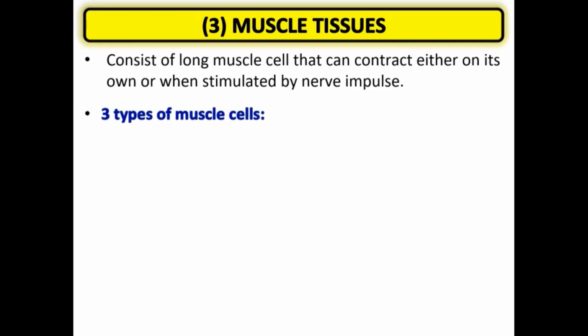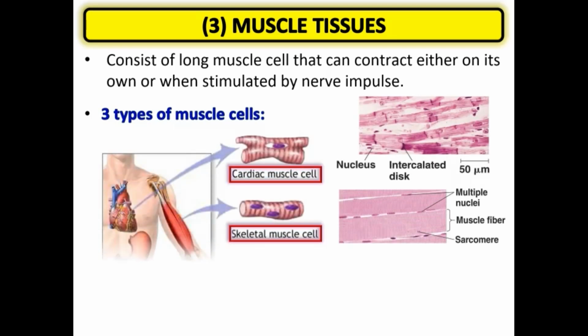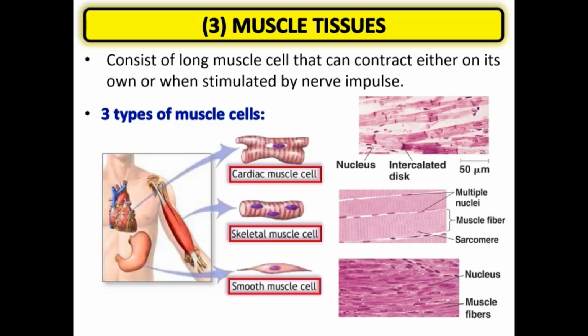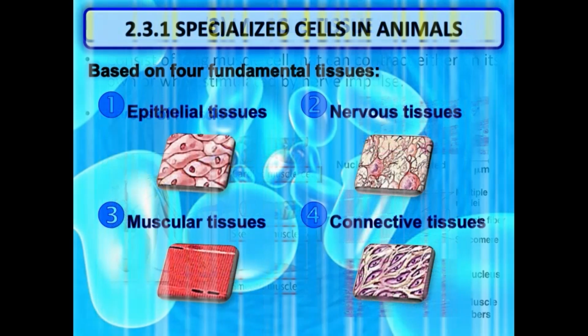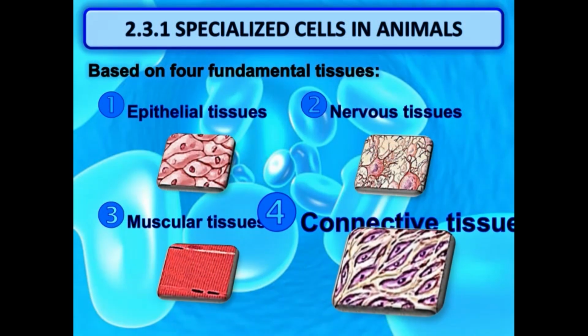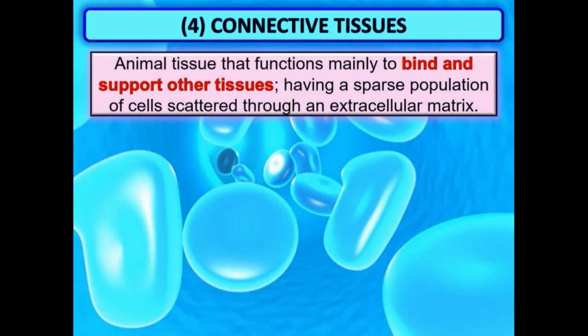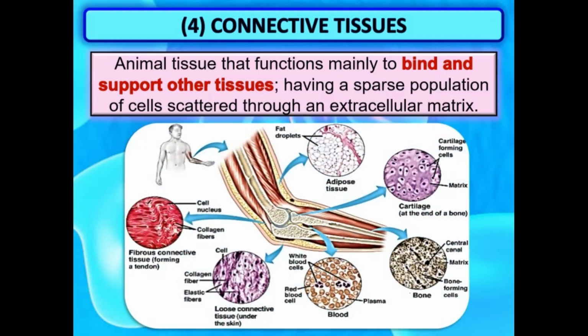There are 3 types of muscle cells: cardiac muscle, skeletal muscle, and smooth muscle. Number 4, connective tissues. Connective tissues can bind and support other tissues. There are 3 types in our syllabus: cartilage, bone, and blood.